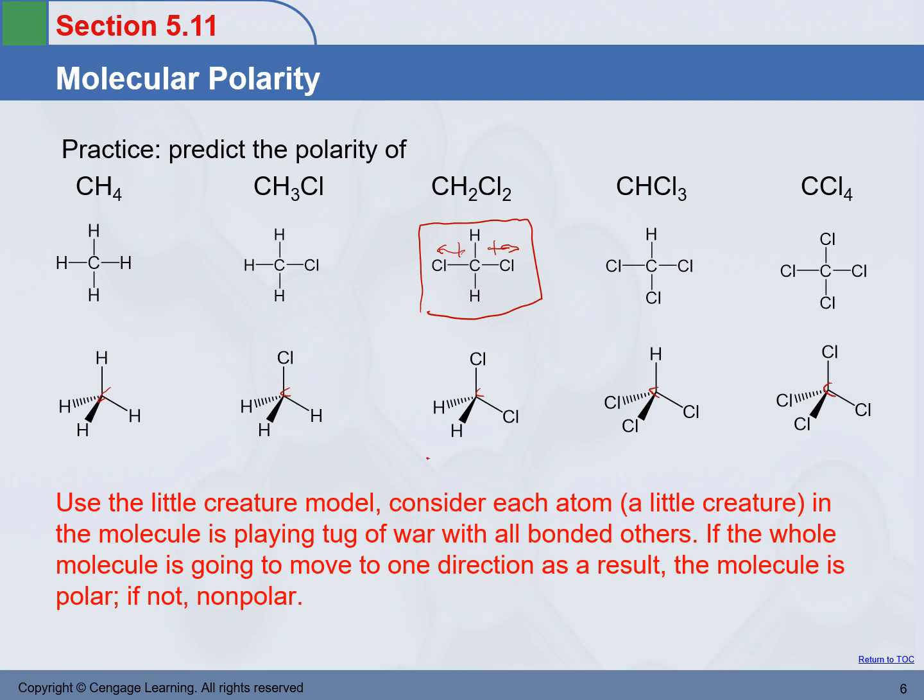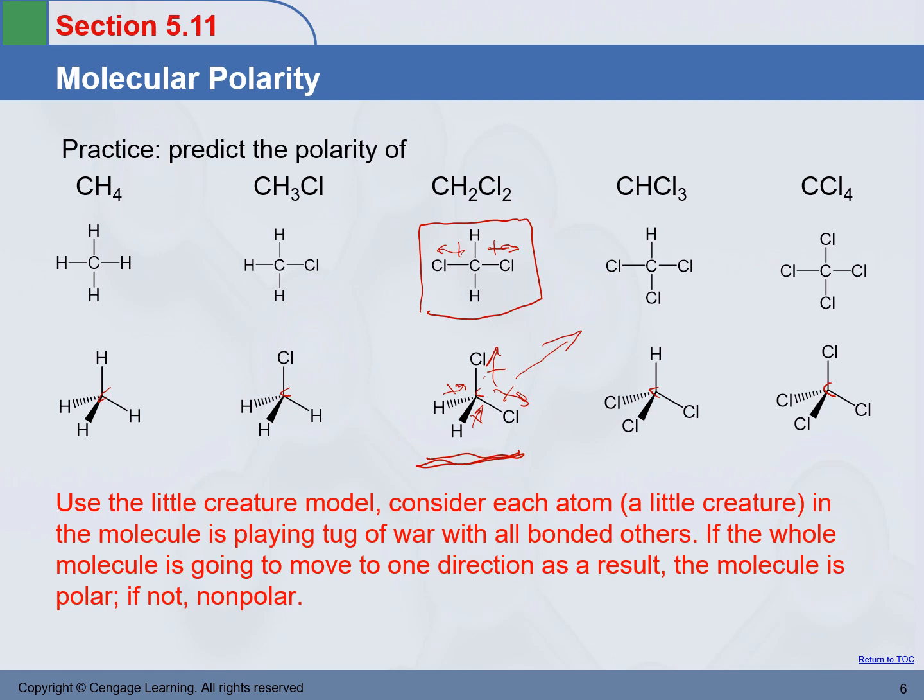Now you're going to see, oh, wait a minute. If they are playing the tug of war, chlorine is going to win, chlorine is going to win, carbon is going to win, carbon is going to win. This whole molecule is going to move towards that direction. Does that make sense to you? The forces from two chlorines pulling away from carbon do not cancel each other.